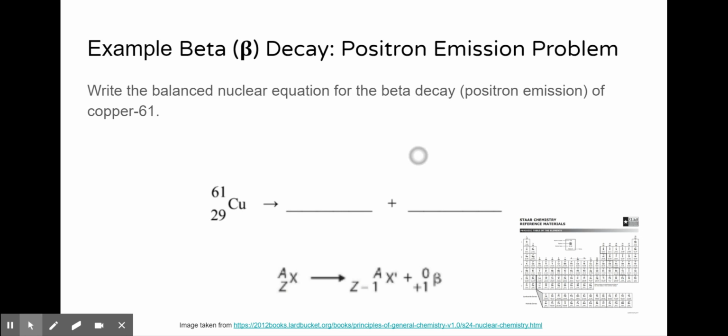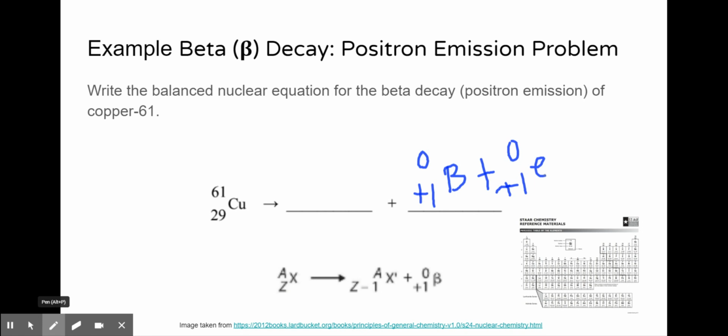So the first product I'm going to write is the positron, or the antimatter version of the electron. Either one of those is interchangeable. Then I'm going to write the daughter isotope that occurs when this emits its radiation.